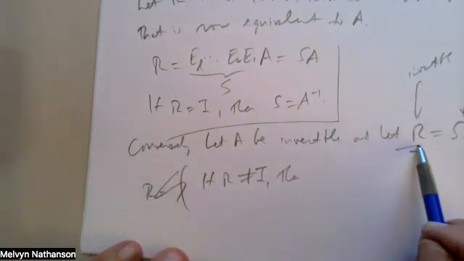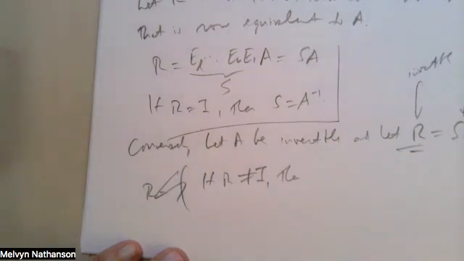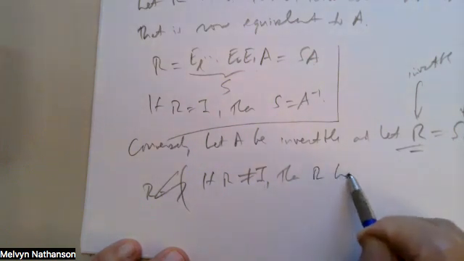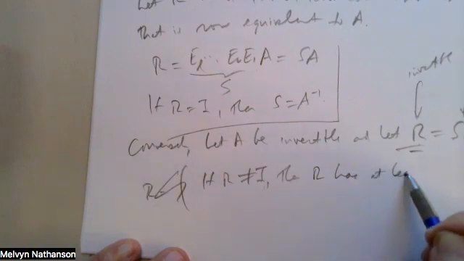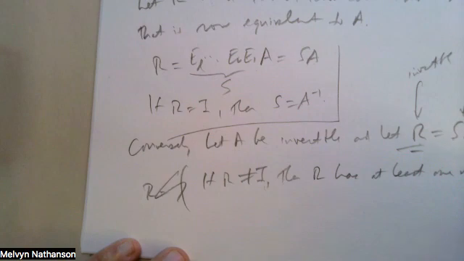see, if R is the identity, every row has to start with a 1. If R is not the identity, then R has at least one zero row.